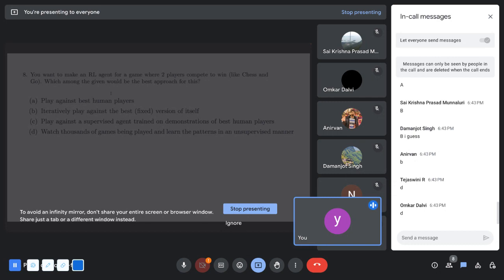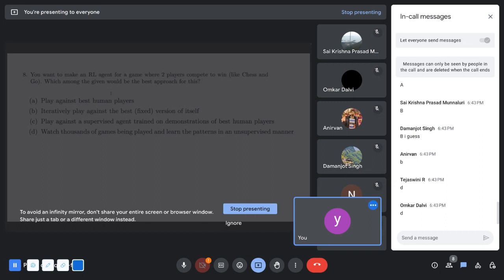And let's say option D, watch thousands of games being played and learn patterns in an unsupervised manner, right? This is also an unfeasible option because there can be so many possibilities, and you can only capture a finite number of possibilities in this fashion.